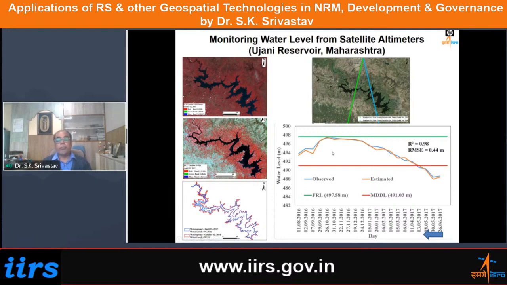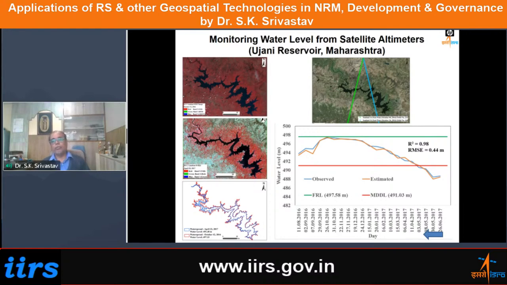That is the level measured on the ground. So you can see there is a very close match between the water level elevation derived from the satellite altimeter as well as the one observed in the field by recording the water level elevation.